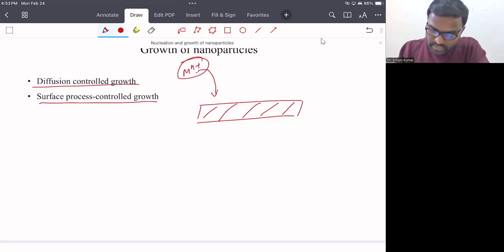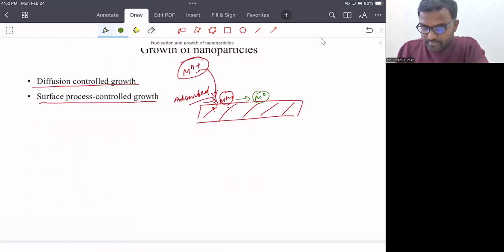So we need to know the M n plus, the adsorbed M n plus, whose concentration is different from the bulk concentration. Once we have the adsorbed species, there is the formation of the metal atom, and then the formation of embryos, nuclei, and the nanomaterial.